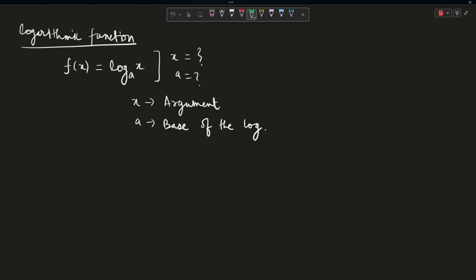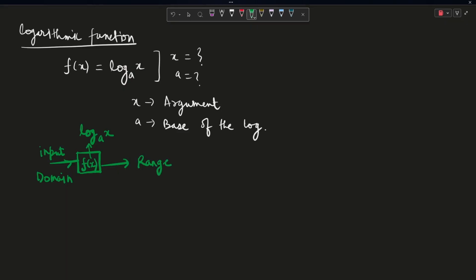So let's consider this as some function f of x, which is nothing but log a x. We are putting in the input values, which is the domain, and taking out the output values, which is the range, right?